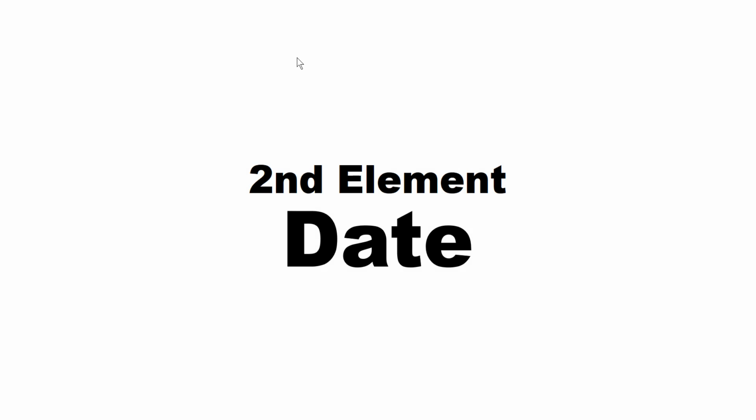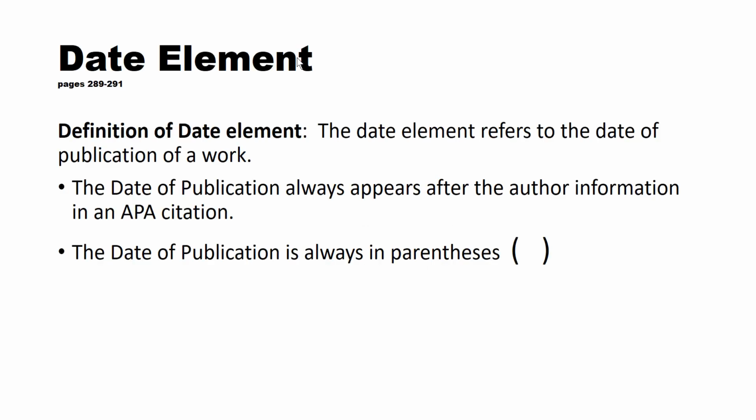The second element in an APA style citation is the date. The APA style defines the date as the date of publication of a work. The date of publication always appears after the author information in an APA citation, and the date of publication is always in parentheses. So let's go to our examples again.